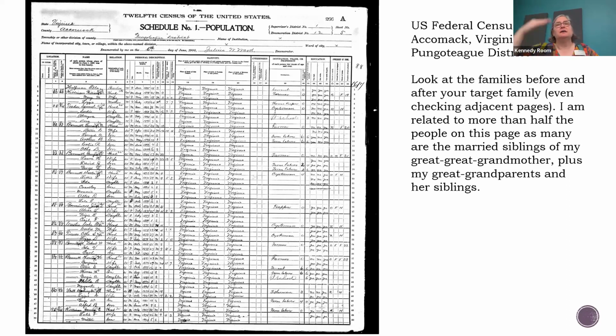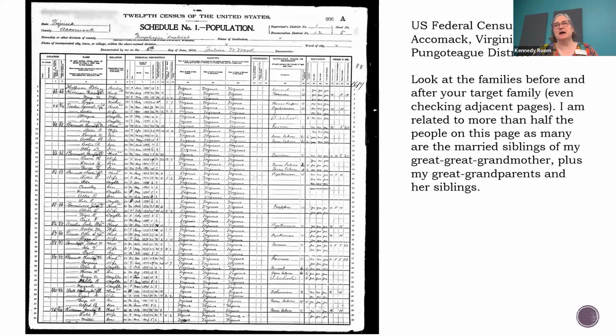Do look, Ancestry is great about highlighting, hey, these are the people that you want. Do look before and after them on the same page, maybe before on the previous page, after on the next page, because you may be surprised at how many people you are related to lived in that little chunk, because they did go house by house by house.